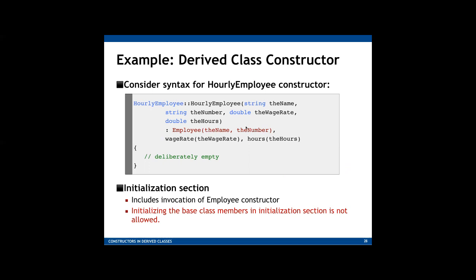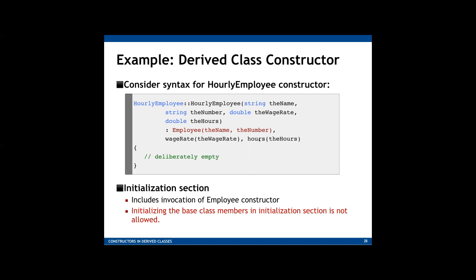We learned that this is the initialization section. By putting the name of the base class in front of the relevant arguments, you can invoke the base class constructor. Note that the syntax for invoking the base class constructor is analogous to the syntax used to set member variables.